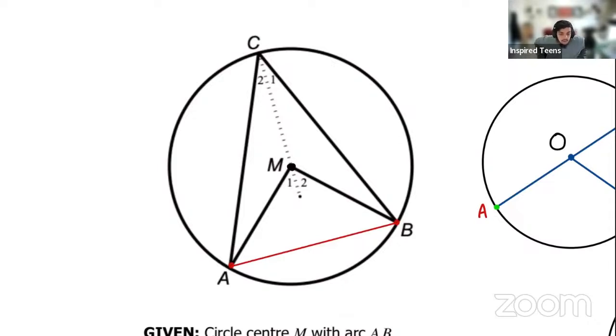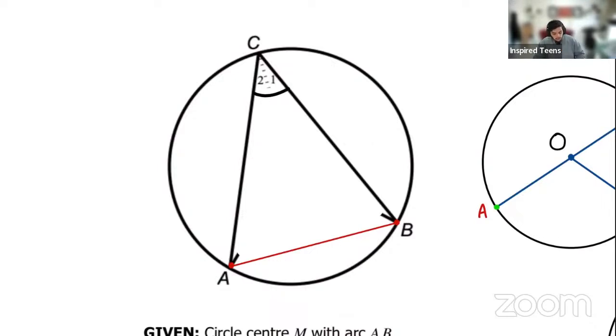If we initially ignore this other part, you can see that chord AB subtends angle C. Chord AB subtends angle C. All right, that's clear.